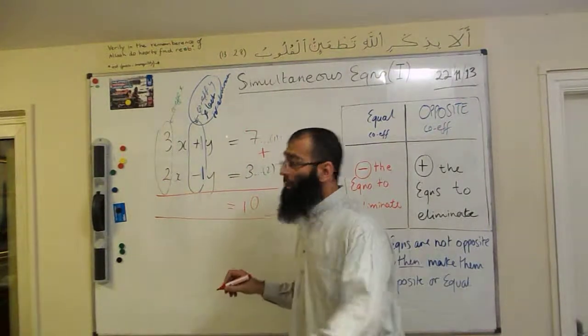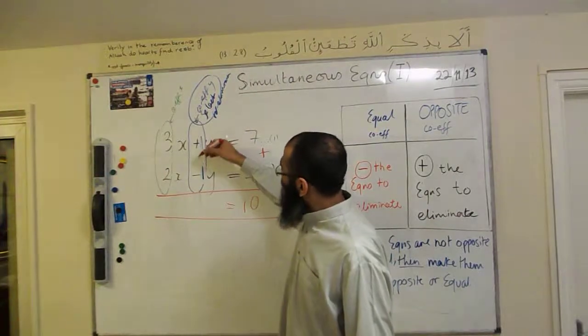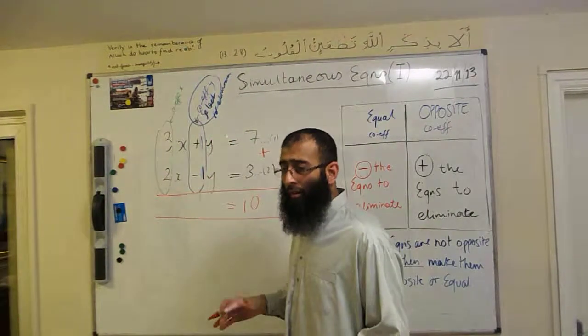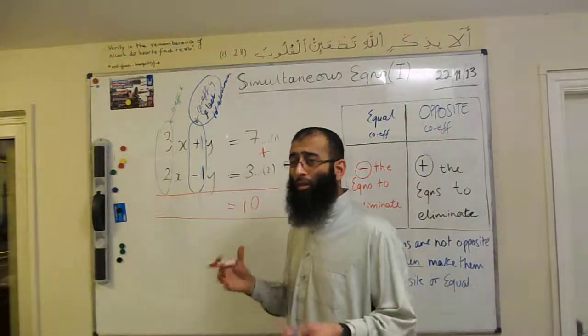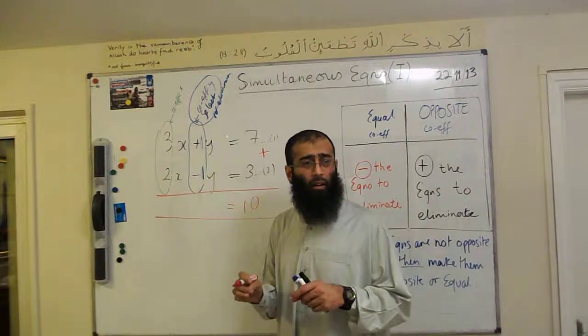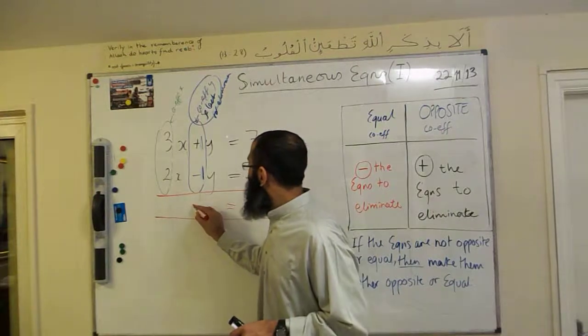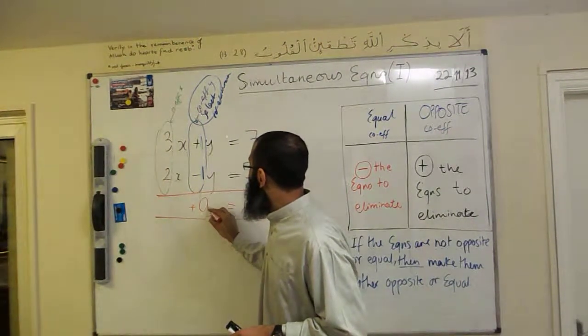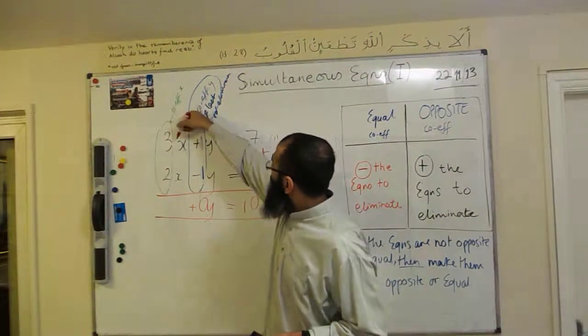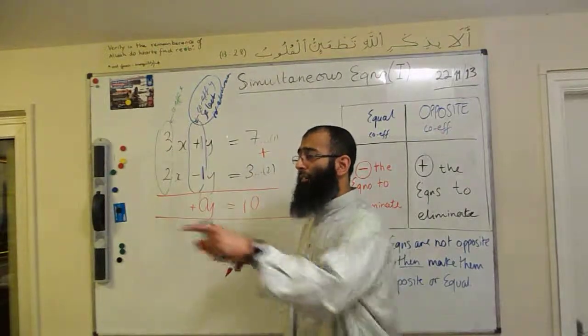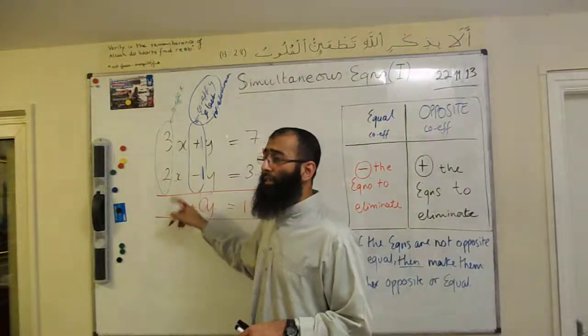We have plus y, add a minus y gives us 0y. Do we need to write down 0y? I'll just write it down here for the moment. And we have 3x add 2x, which is 5x.